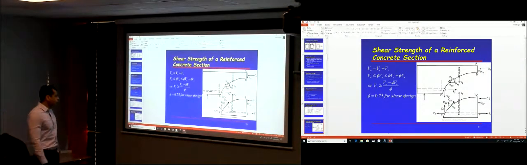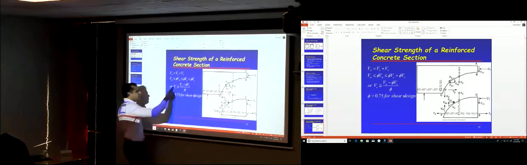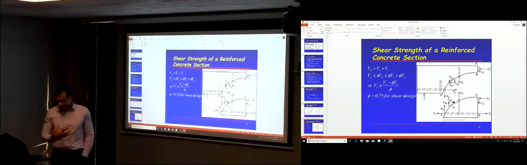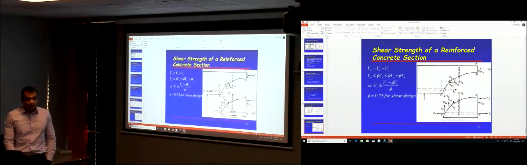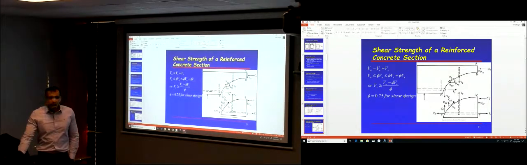So phi here for shear is just 0.75. That's the amount of shear strength required to be provided by the shear reinforcement. Any question?